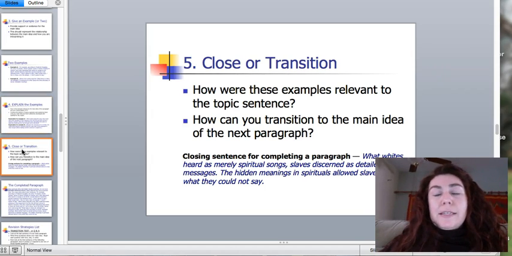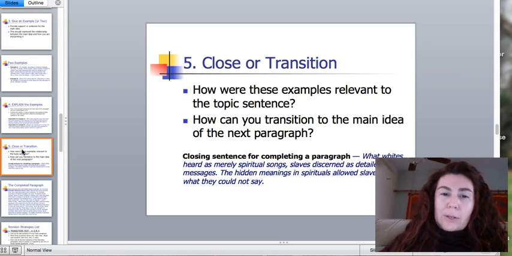And step 5 is closing and or transitioning, depending on where you are in your paper. This is like a mini conclusion. You're wrapping up your ideas. So this is a really good way to do a mini summary, and you can even tie it into the next point if you wish.